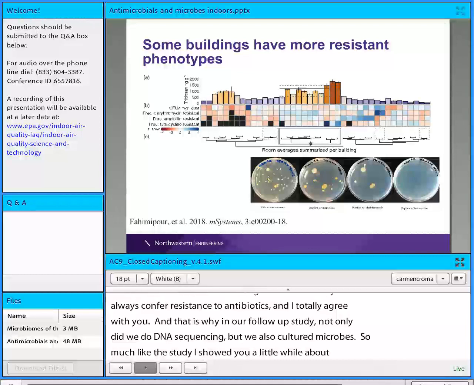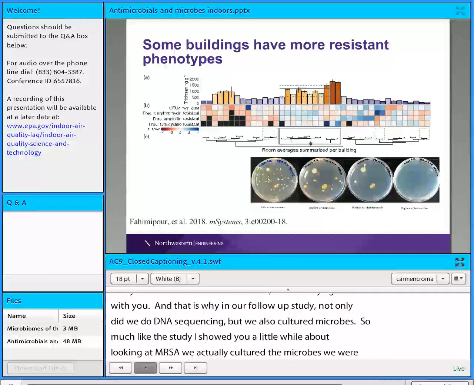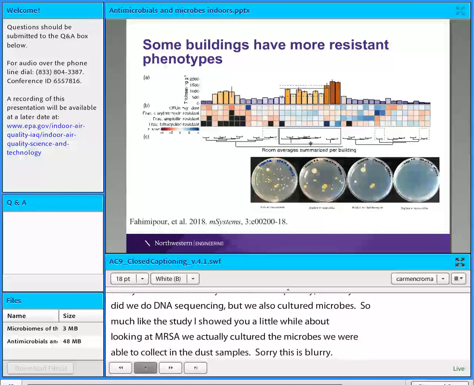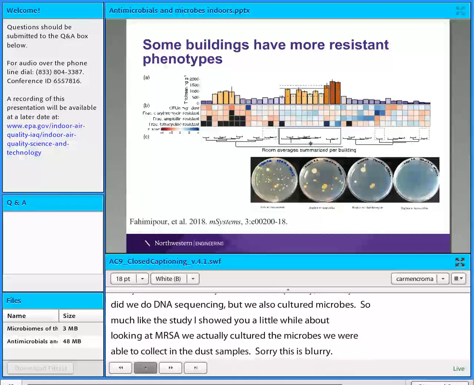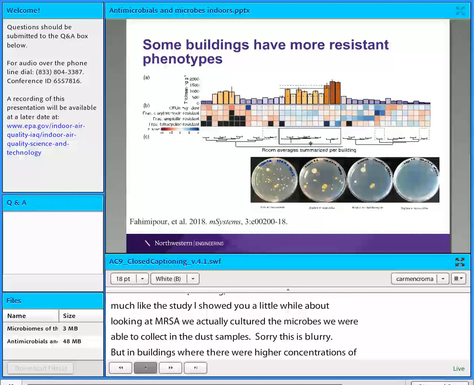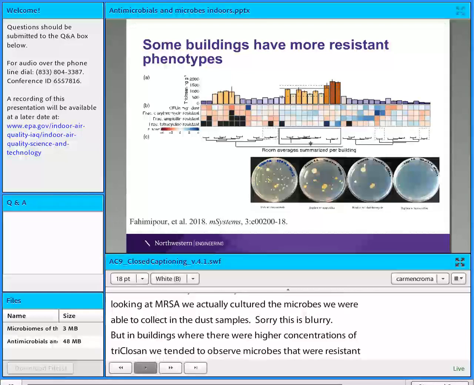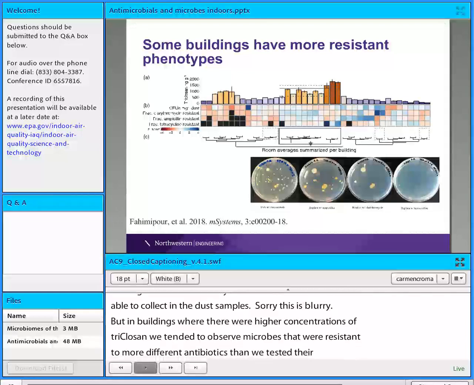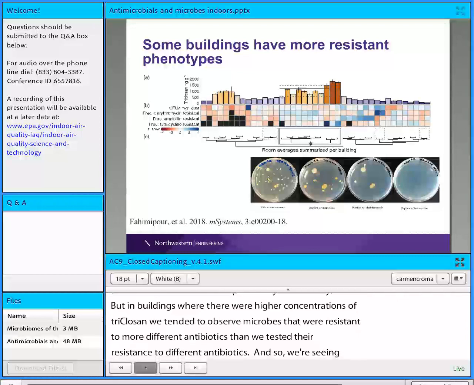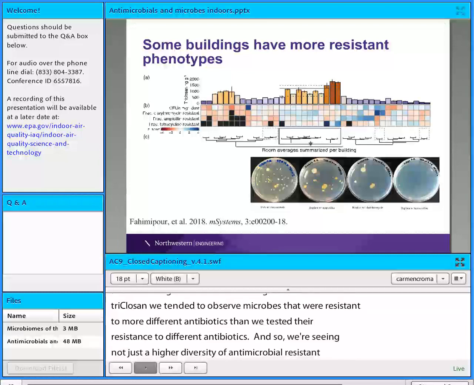And what we saw, again, sorry, this is blurry, but in buildings where there were higher concentrations of triclosan, we tended to observe microbes that were resistant to more different antibiotics. So we tested their resistance to different antibiotics. And so we're seeing not just a higher diversity of antimicrobial resistance genes, but also actual cultivable, viable microbes that are in fact resistant to a wider variety of antibiotics.